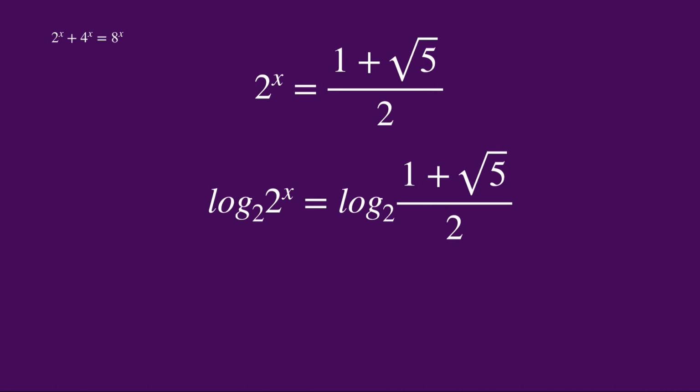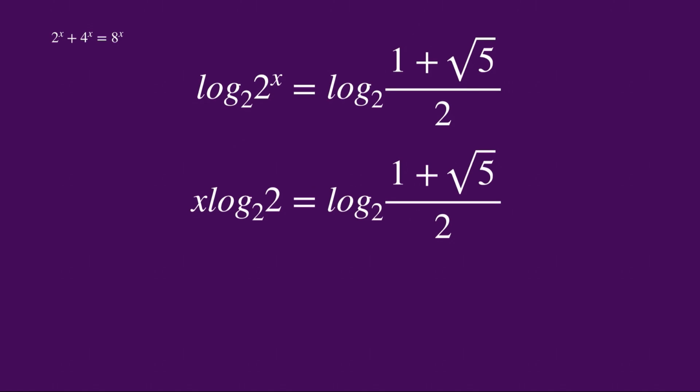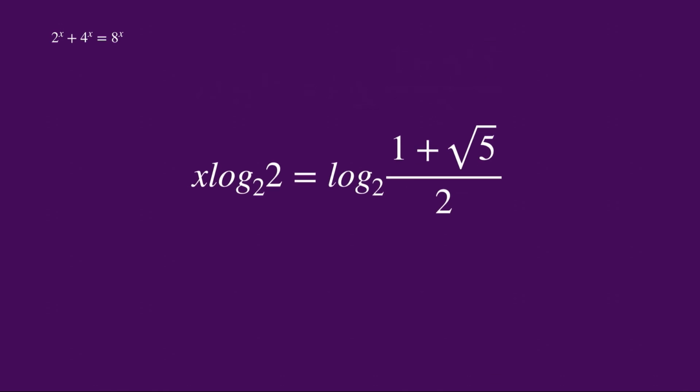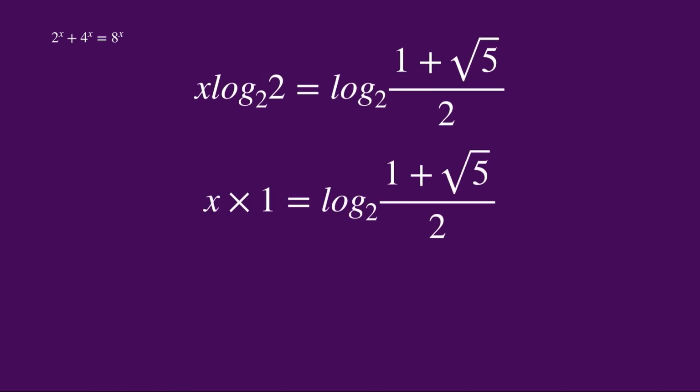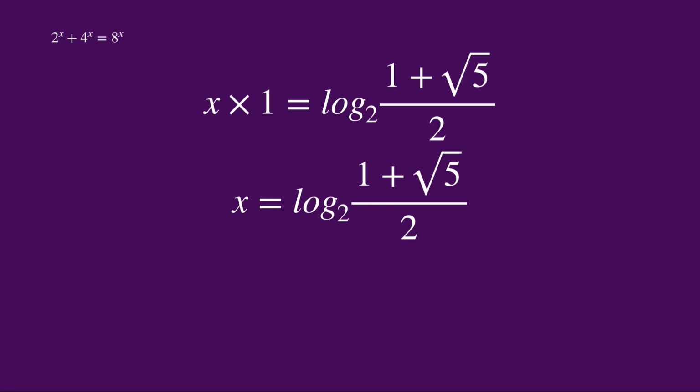So from the property of logarithm, our x will get multiplied with log 2 base 2. Log 2 base 2 will be 1, so it is x times 1 equals log base 2 of (1 plus root 5) over 2, and this implies x equals log base 2 of (1 plus root 5) over 2.